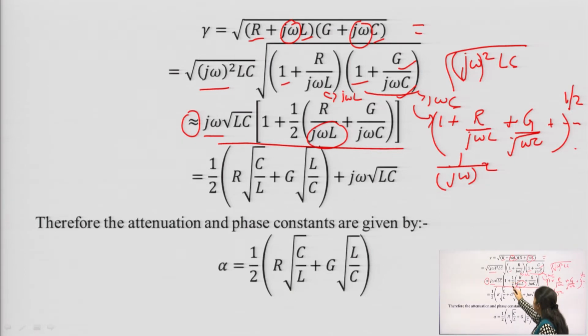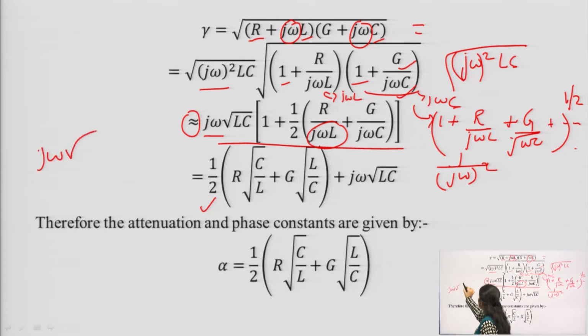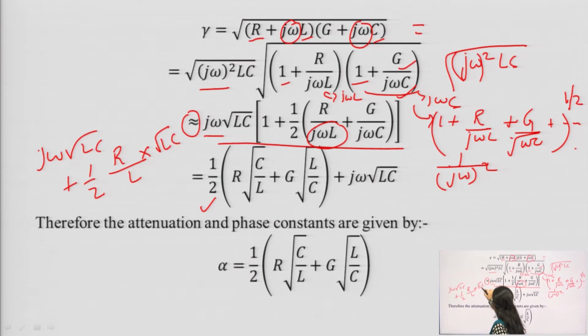So, 1 plus half R upon j omega L plus G upon j omega C. The next step, when we multiply the complete expression, is j omega under root L C plus half R upon j omega, where j omega gets cancelled, R upon L, and it is multiplied with under root L C also.